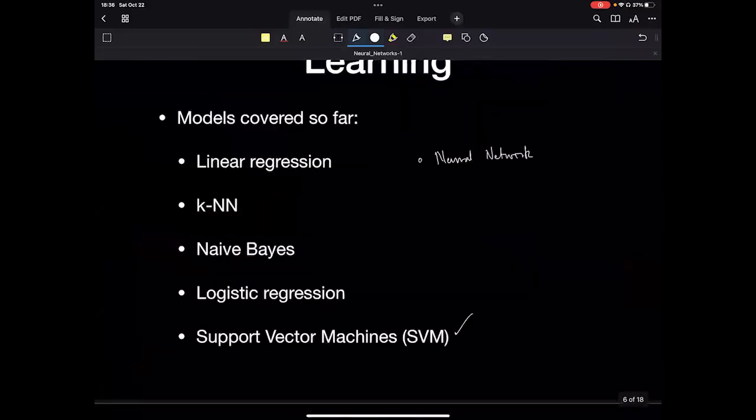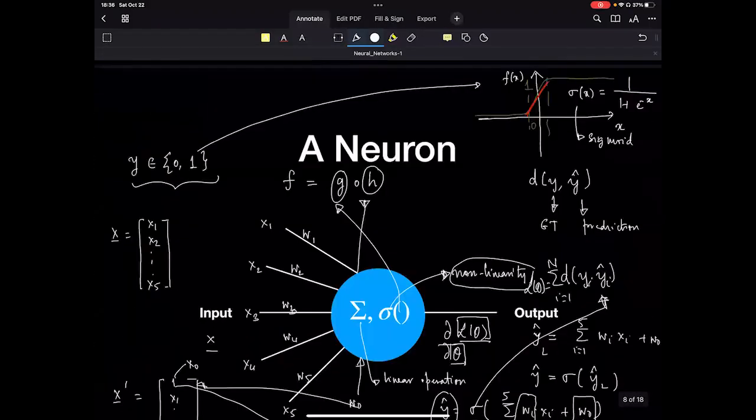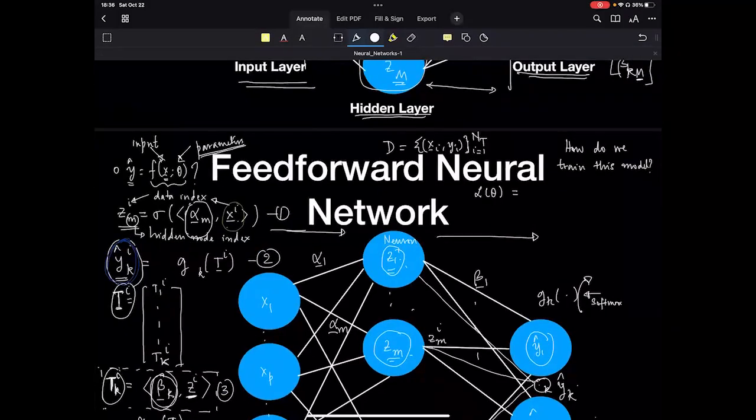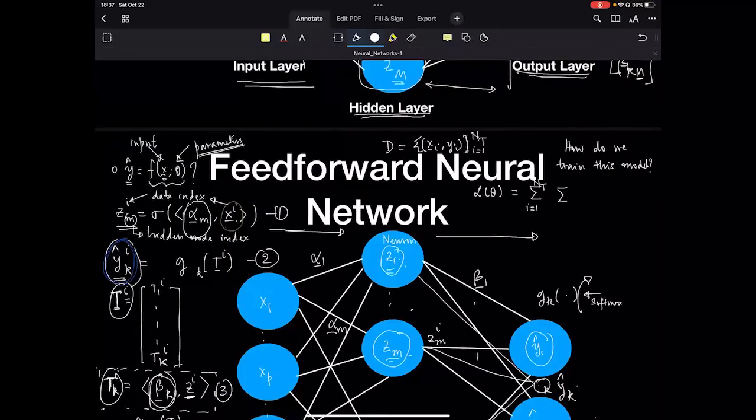Okay, now what we need to do is write out the training loss. Okay, so we'll write it in this fashion. I sum over each of the data points in my training set. Okay, and I'm going to look at the error at each of the output nodes.